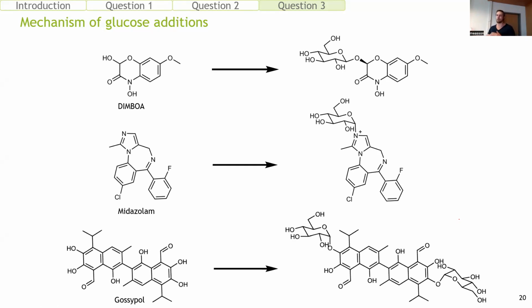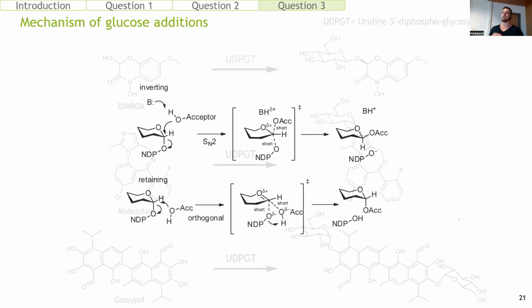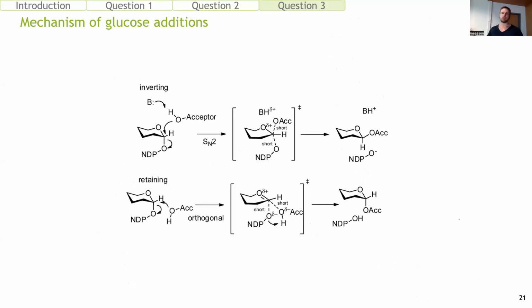And what all of these reactions have in common is that the enzymes that carry them out are UDPGTs, which are uridine 5'-diphosphoglycosyltransferases. These enzymes are known as Leloir transferases, which largely break down into two categories, the inverting or retaining Leloir transferases.